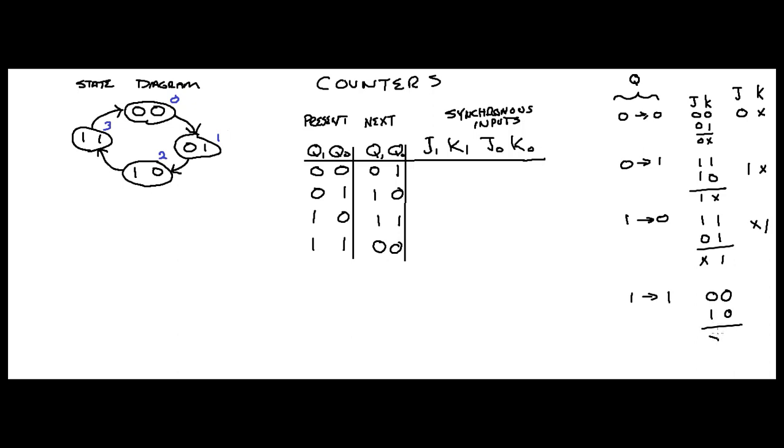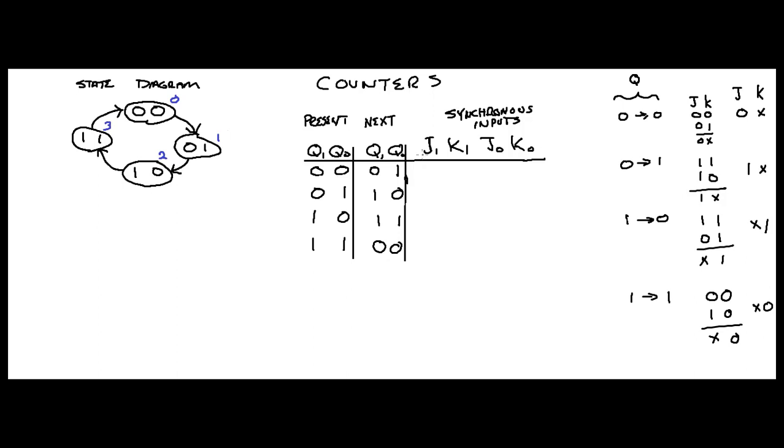So that would be an x, and that would be a 0, right? Got it? That's your excitation table. Okay? So that's for a JK flip-flop, okay? So let's just leave it there for now, so it's not in the way right now.